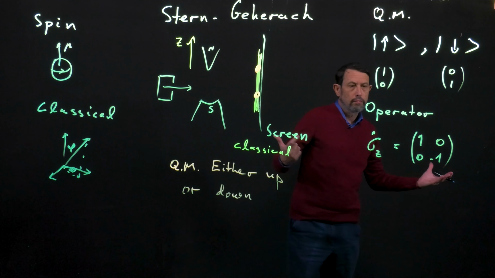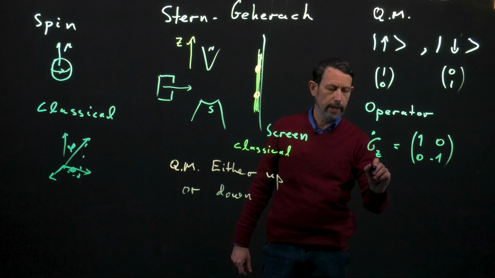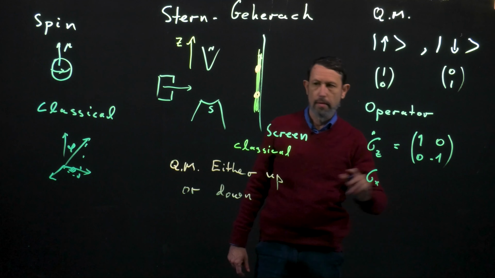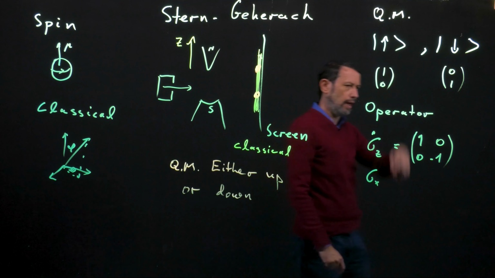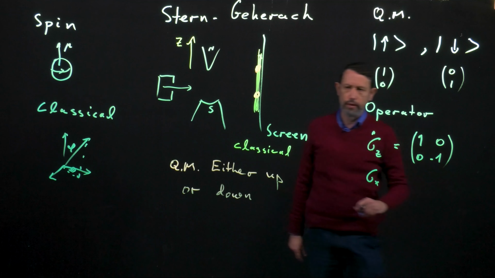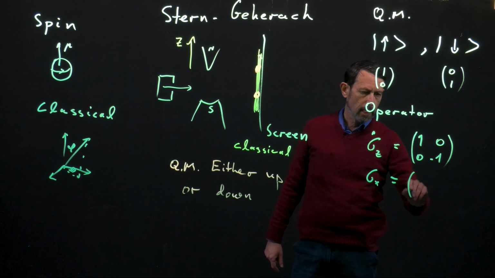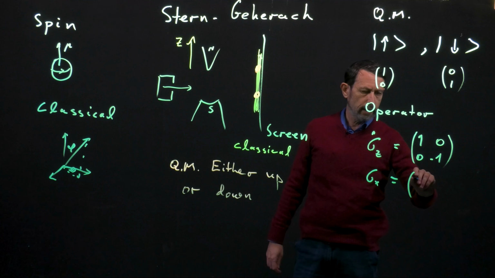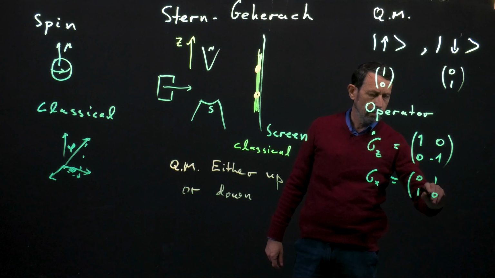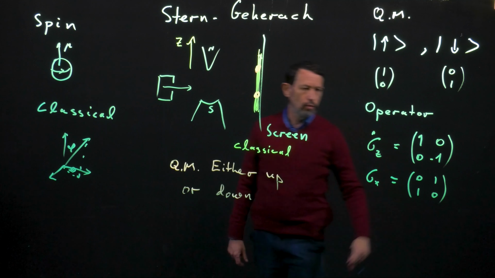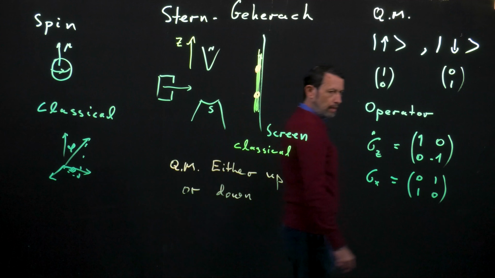And that's that. We can also measure the system in the x direction, meaning we rotate our magnetic field by 90 degrees and measure that case. And in that case, the operator has the following structure. It's again a 2 by 2 matrix with these values.